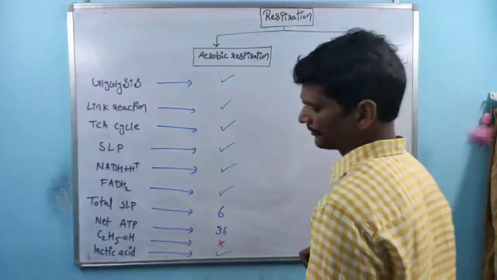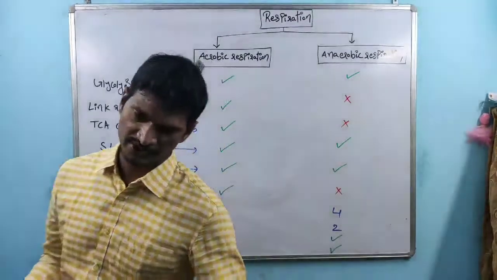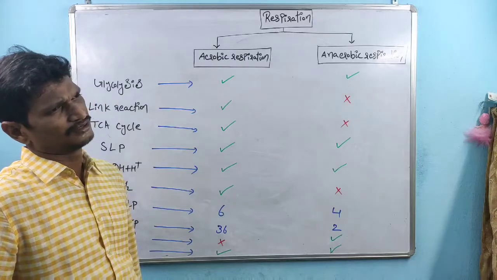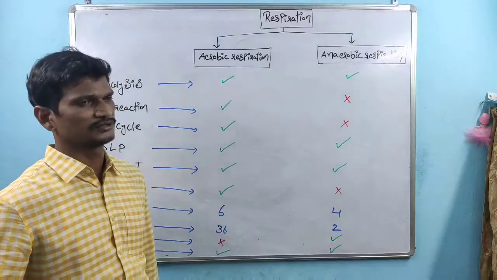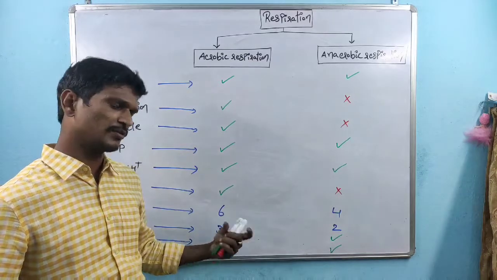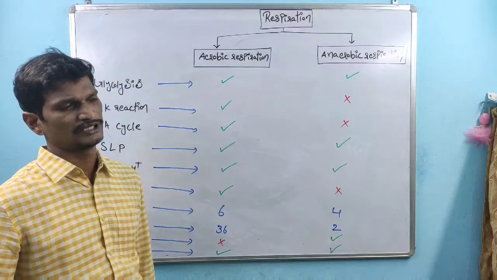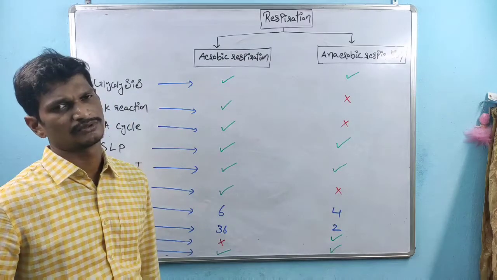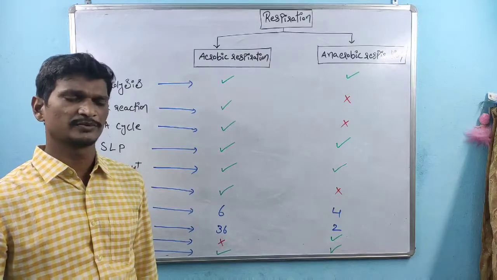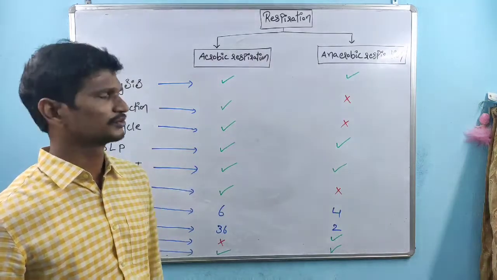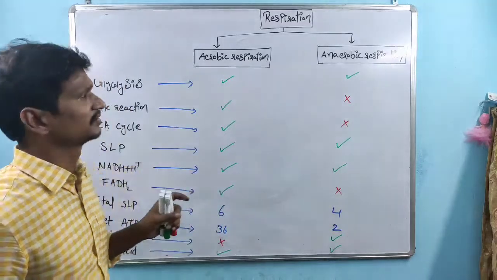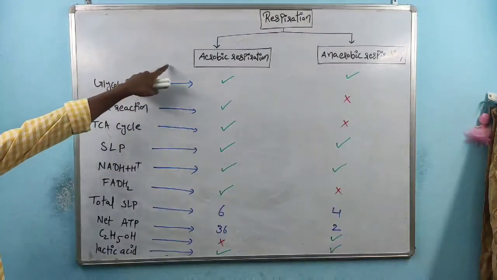Coming to the next topic, differences between aerobic respiration and anaerobic respiration. What are the reactions that take place? Which type of products are produced? In aerobic respiration, what kind of products are produced? In anaerobic respiration, what kind of products are not produced? Based on all these parameters we are discussing now. Does glycolysis take place in aerobic respiration?